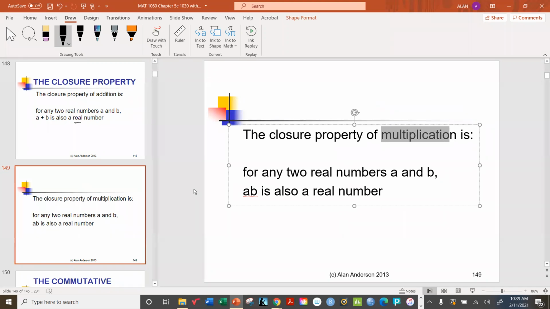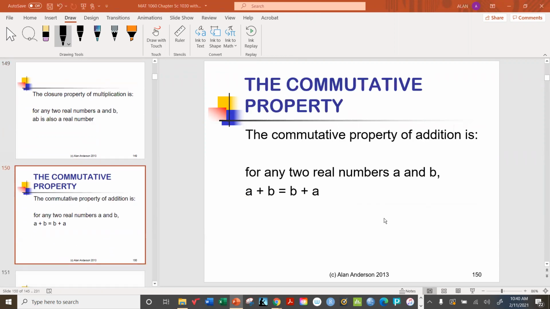All right, so this is something you might not have seen before. It's one of those properties that's going on behind the scenes, but you may not have been explicitly told what the name is. Now, having said that, the next property, I'm sure you've seen this one before. It's called the commutative property.